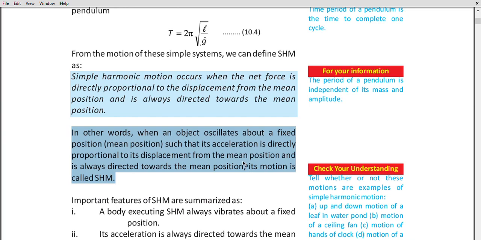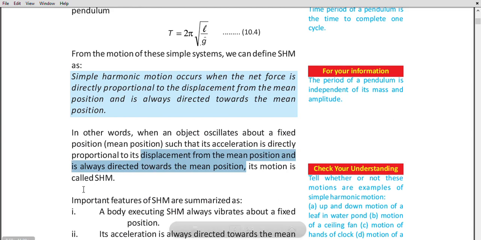The second point is the same, that it is directed towards the mean position. So this is how we define simple harmonic motion.